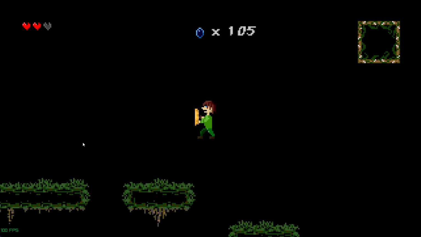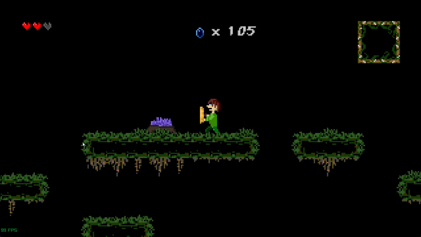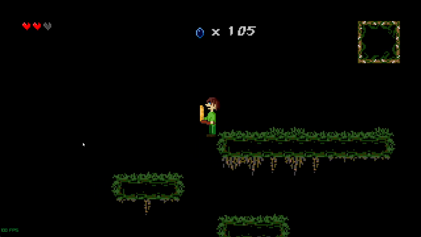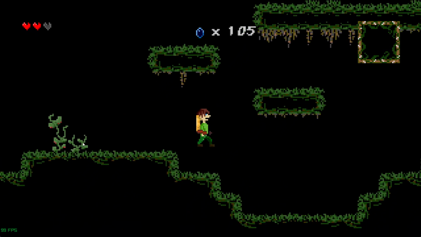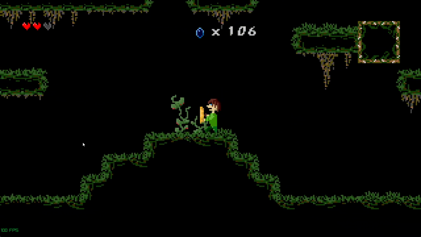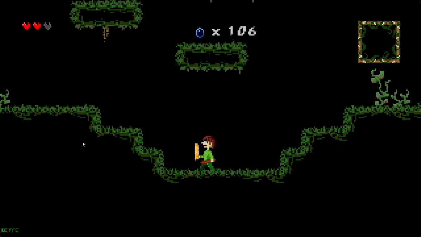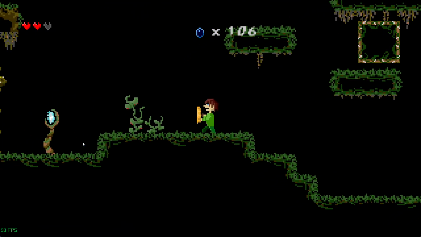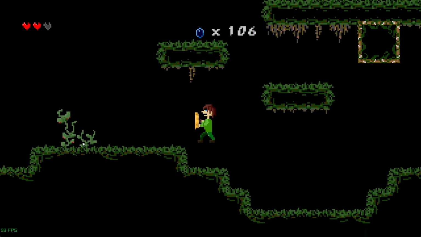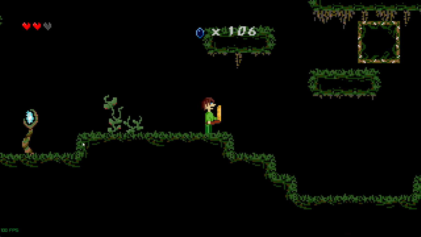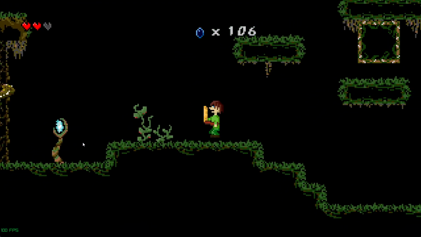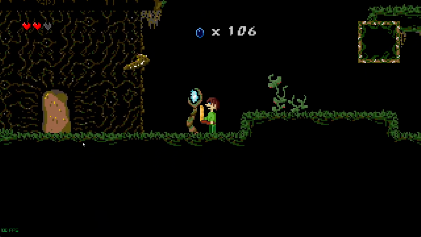Okay, a few bugs from that. Yeah, if you jump and attack, you get stuck in the attack state. Okay.